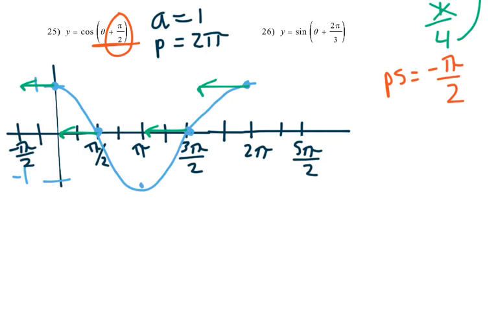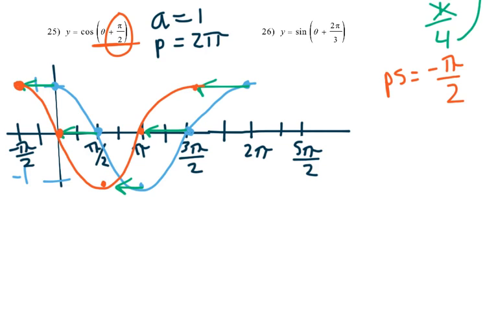Okay, so our new graph would start right here, go down right here, this one would shift back too, then down here, then up here. So you just shifted your whole graph back like that. Okay, that's all the phase shift is, right there.